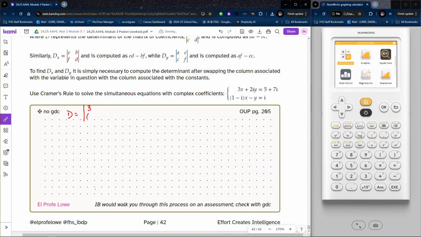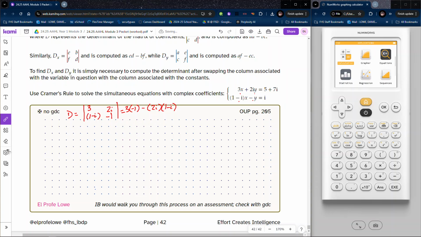So I have 3 and 1 minus i representing my coefficients of x, and I have 2i and negative 1 representing my coefficients of y. So 3 times negative 1 is going to be my first part, and then I'm going to subtract 2i times 1 minus i.